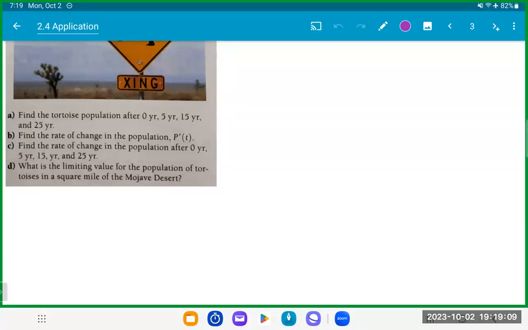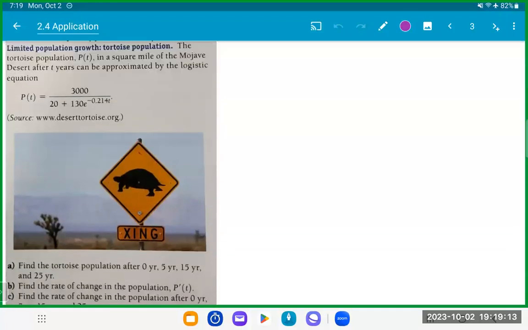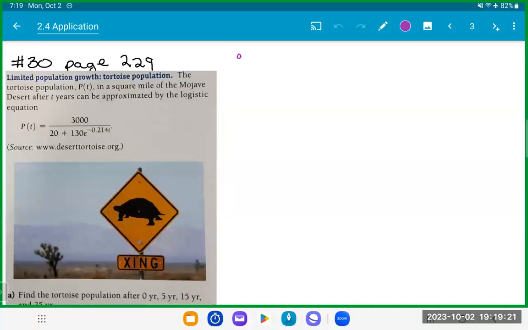Okay. So for the first one, let's go ahead. We have it here to the left. This is our P of t. We want to find the population. So part A, we want to find the population at time 0, time 5, time 15, and time 25. So just plug it straight into the formula we were provided.